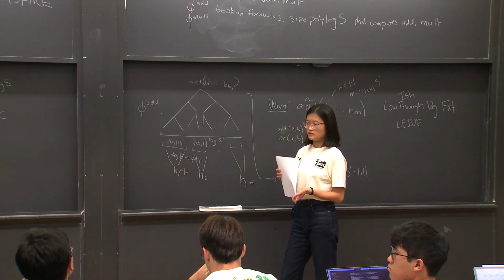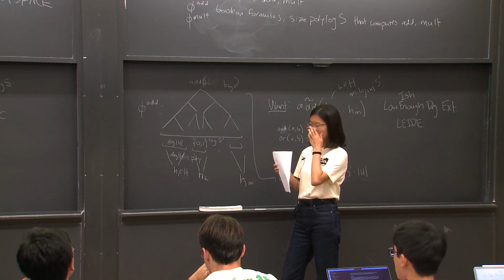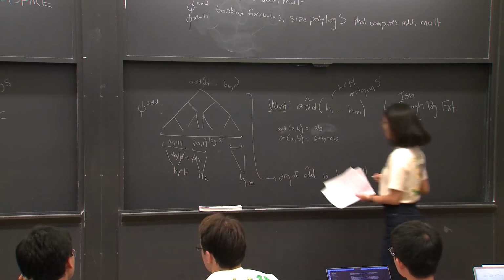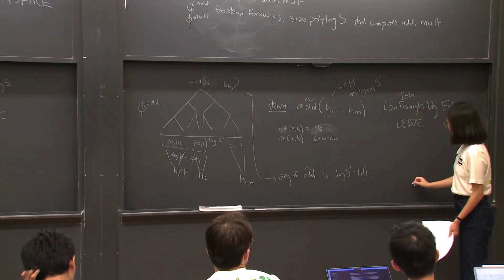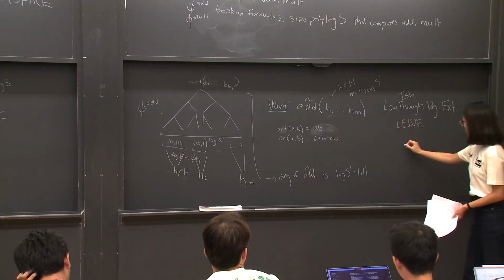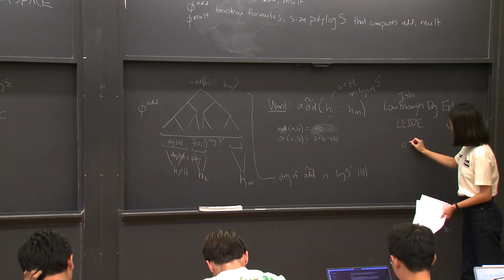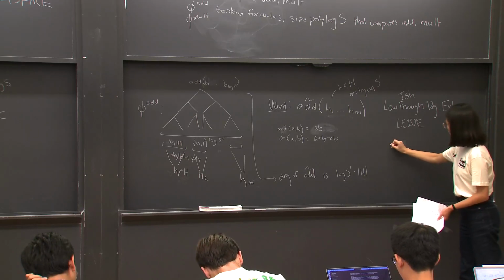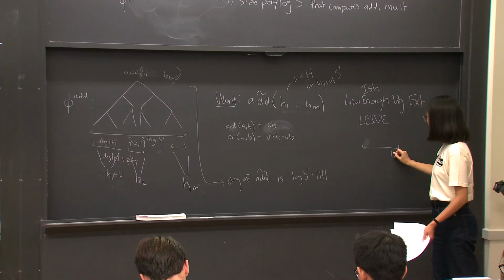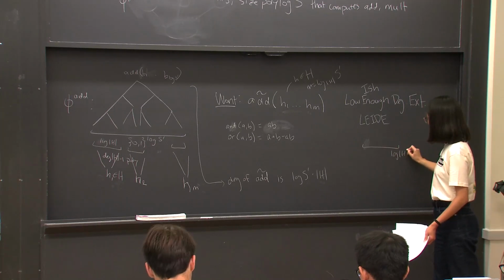I'm sorry, I'm just not following the bijection. Okay. So what's going to happen is, maybe let me zoom out of that. It's a little messy. So this is going to be our 0, 1 layer over here, and this is going to be log h number of bits.